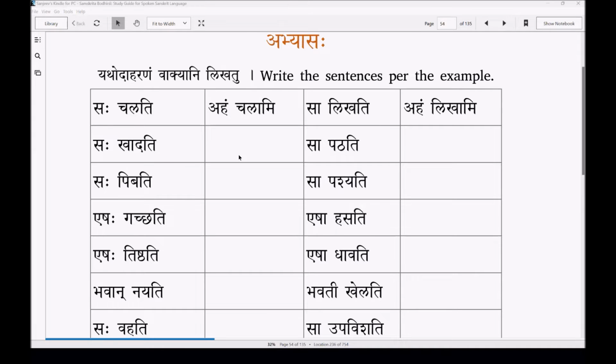So Khadati will become what? Khadami, right? Pathati will become Pathami, Pibati, Pibami, Pashyati, Pashyami, Gacchati, which was already there on top, Gacchami, Aham Gacchami, Esha Hasati, Aham Hasami.